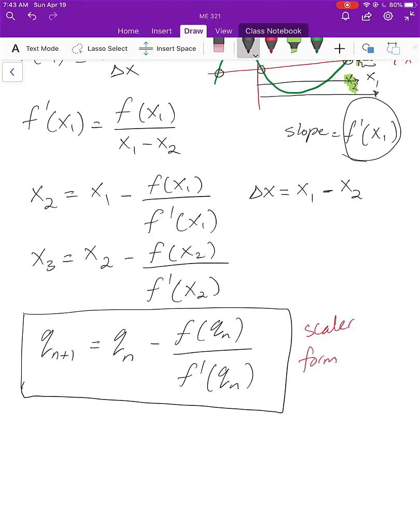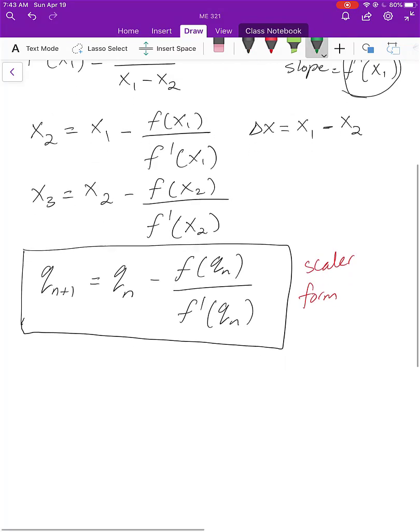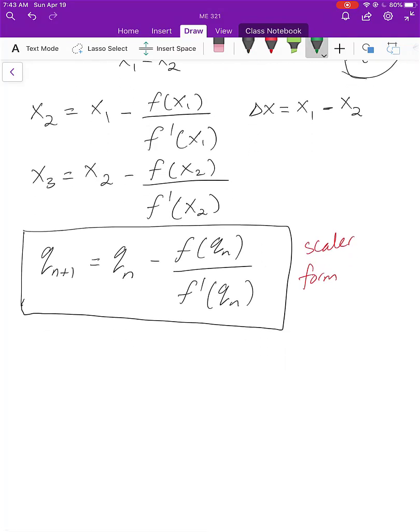But what if we have more than one equation? What if we have something like y1 is equal to x1 squared plus 2x and y2 is equal to 2x1 squared plus 3x? This is totally random. In this case, we can still use the Newton-Raphson method, but we are going to change the form a little bit.